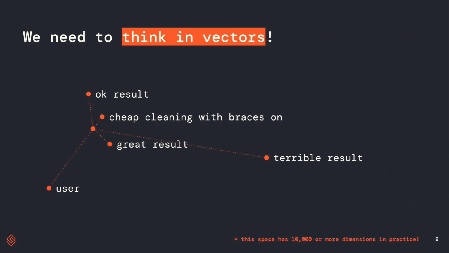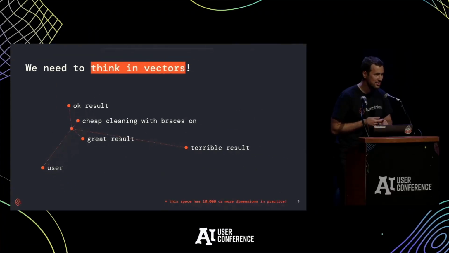And the model that's actually kind of consensus already in certain circles is that you should just think in vectors. Okay? What does that mean? You need to turn all your users into vector embeddings, all your products into vector embeddings, all the queries coming in need to be encoded in this way, and they all need to be in one shared coordinate space, so that when you get a query, like "cheap cleaning with braces on," coming from a user, you can take the average of those two.